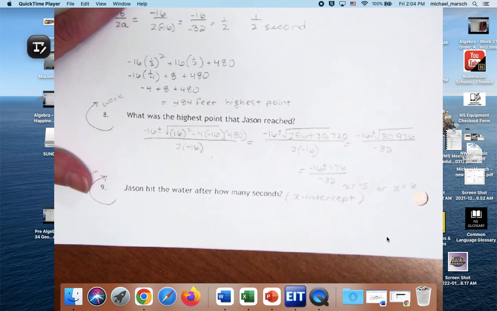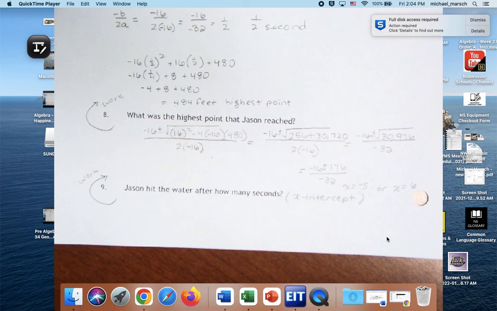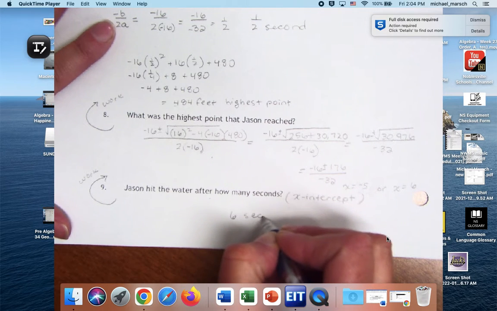X equals 6. So you get negative 5 or 6. So how many seconds? 6 seconds.